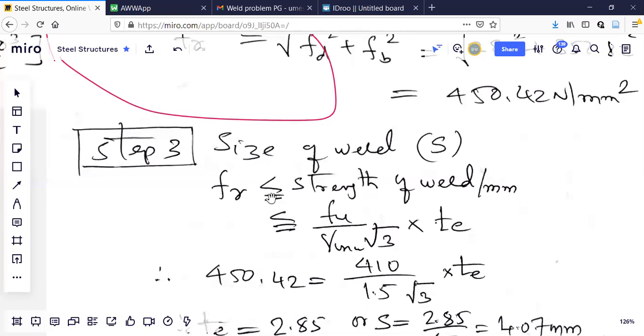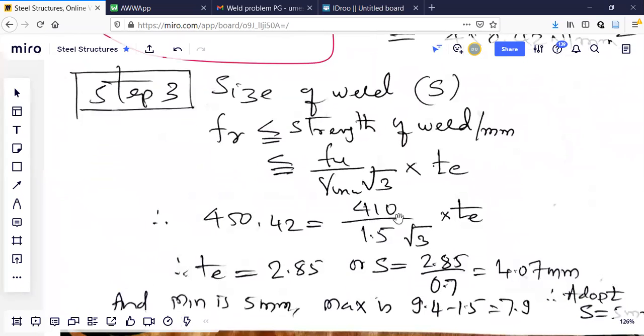The weld has its own strength, but it has to resist 450.42, which is the result of two stresses produced in the weld. So your weld should be able to resist this much stress. The strength of the weld should be more than this, or at least equal to this number.